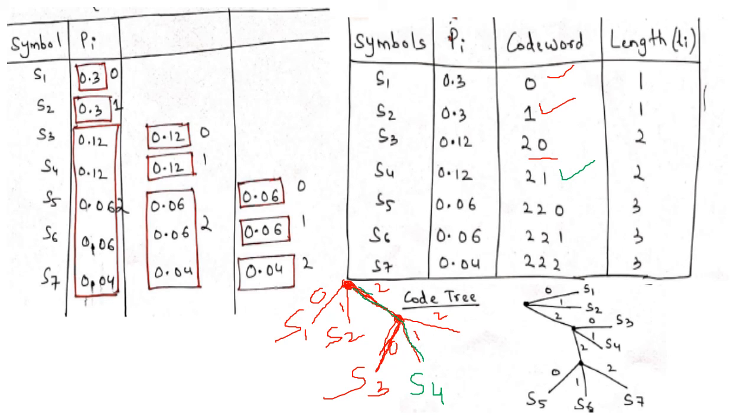So next we have 220. We already have 22 here. So at this 2 we'll have three decisions since it is ternary. So decision 0, 1 and 2.